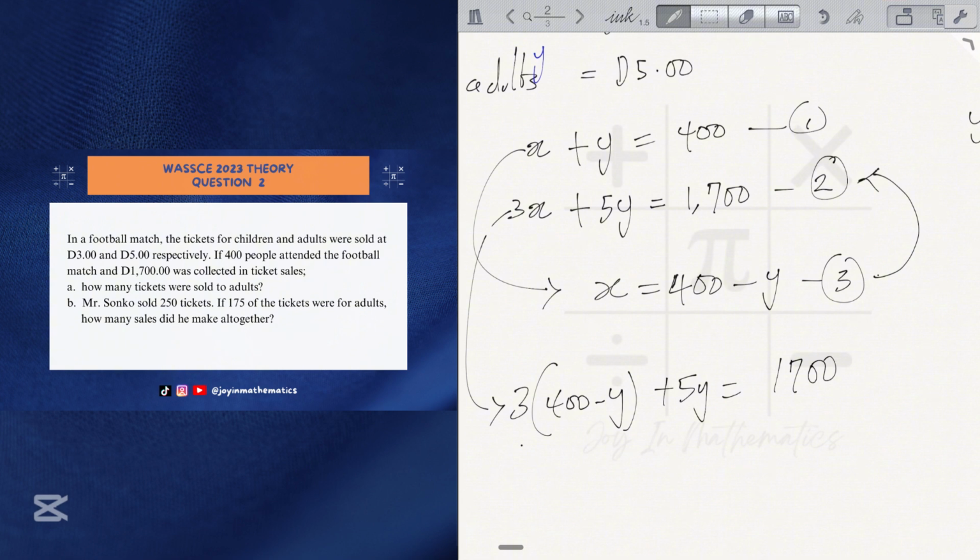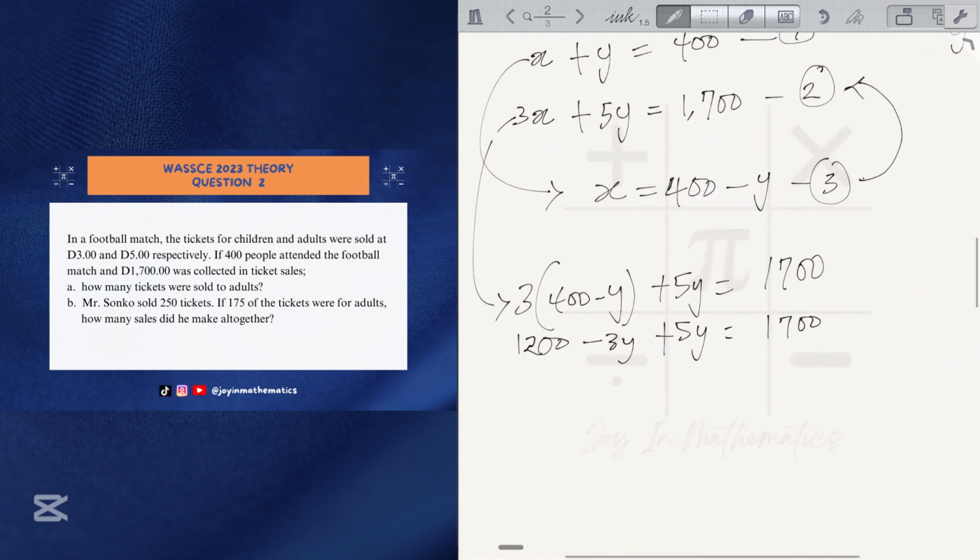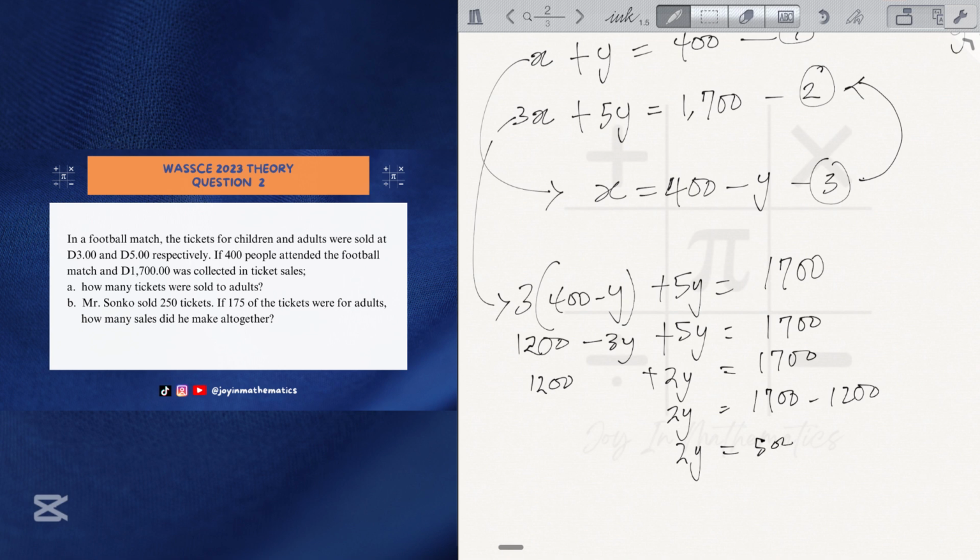If you open the brackets, we'll have 1200 minus 3Y plus 5Y is equal to 1700. Simplifying further, we'll have 1200 plus 2Y is equal to 1700. This moves to the right hand side, and we'll have 1700 minus 1200, so 2Y will be equal to 500 and Y will be equal to 250.